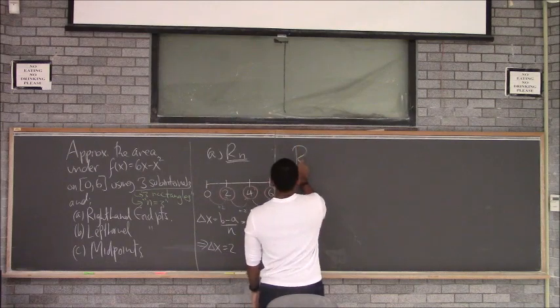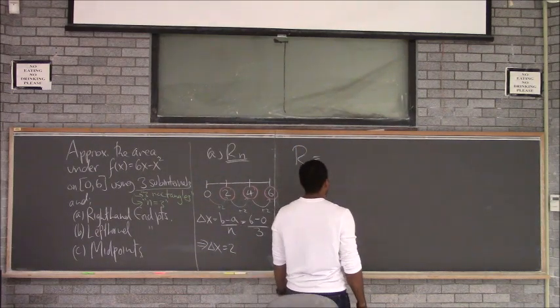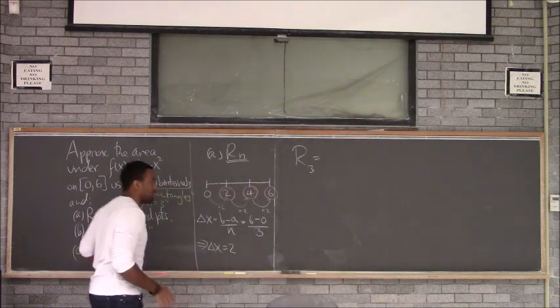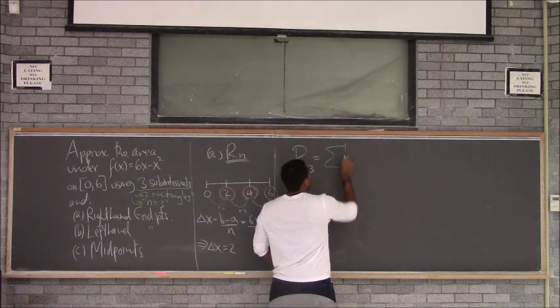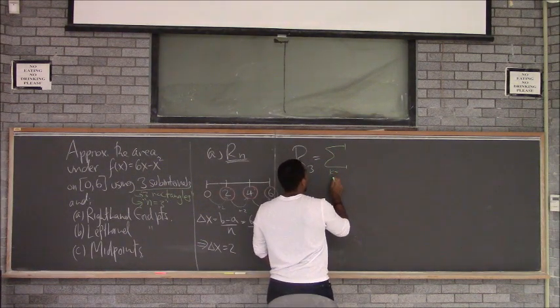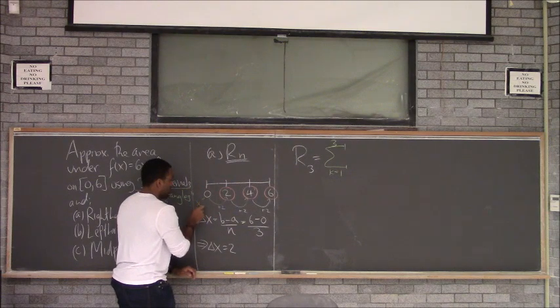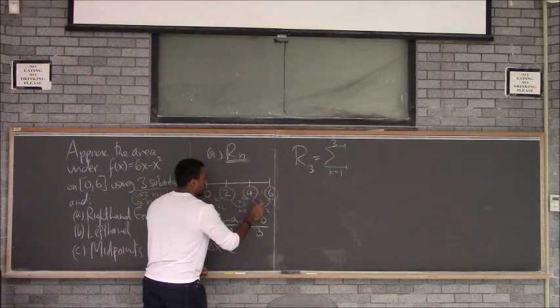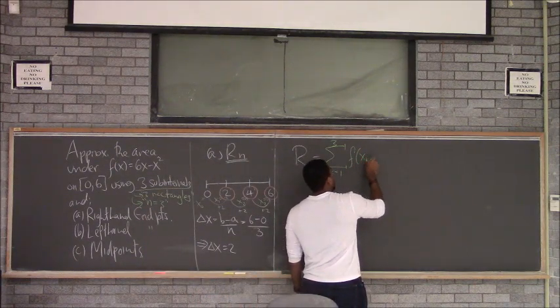So my R sub 3 is just going to be, you don't have to write this, but just to jog your memory, because we're going to be talking about this soon, the summation. Technically it would be k goes from 1 up to 3, right? Remember the notation, this was x0, this was x1, this was x2, this would be x3, of f of x sub k.